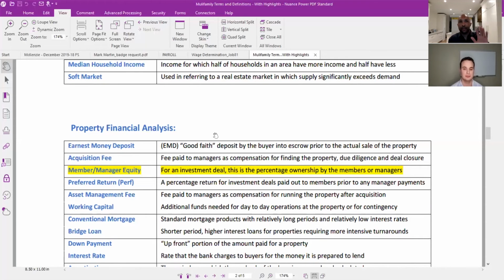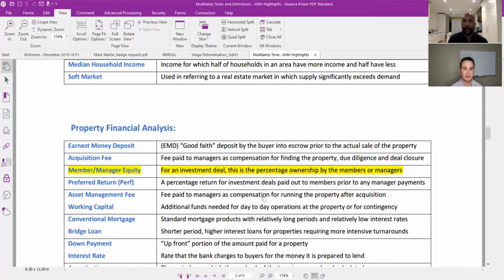That means the members would get 25% of the deal and the passive investors would get 75% of the deal. Or the members would get 30% of the deal and the passive investors would get 70%. So it basically splits the ownership between the members' equity and the passive investor equity.